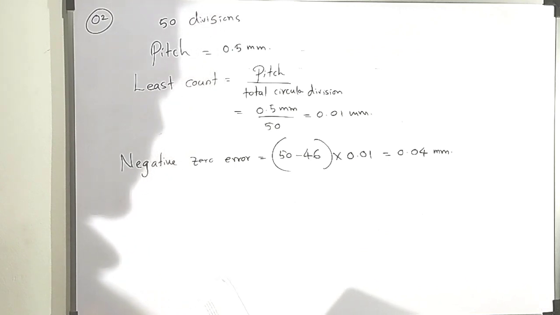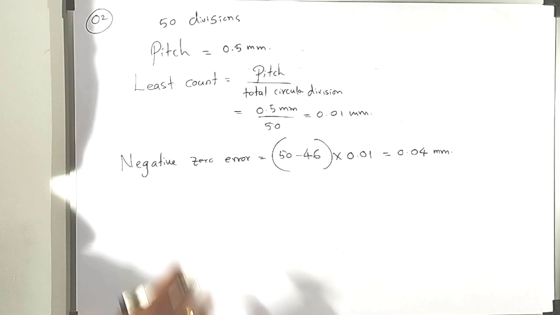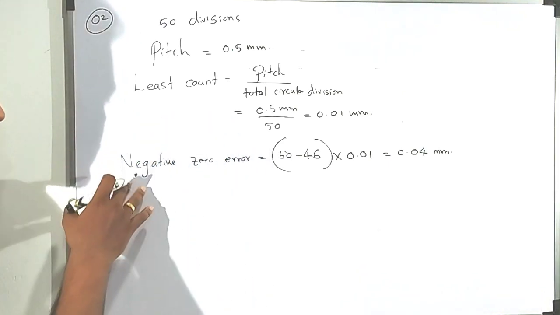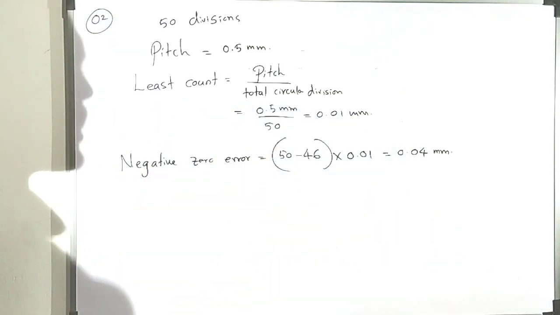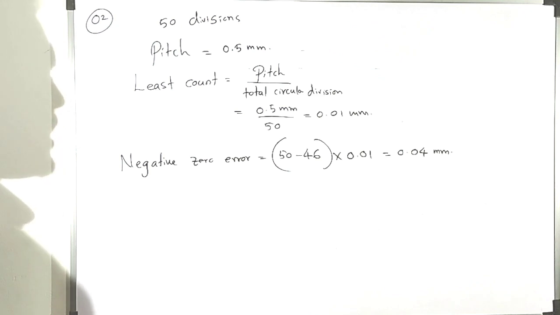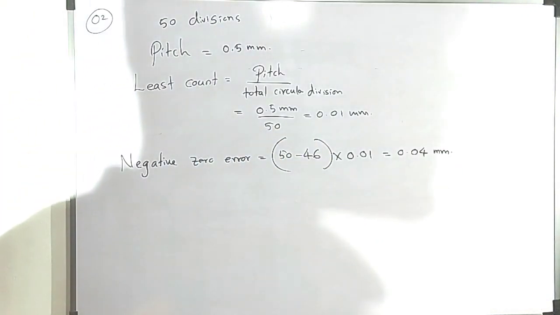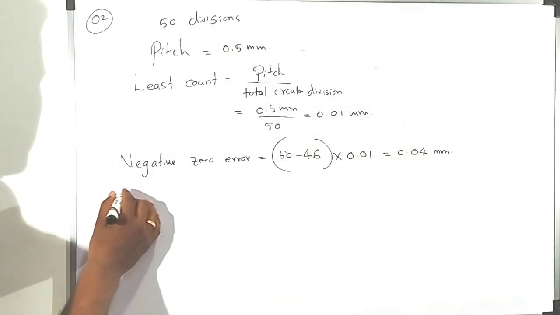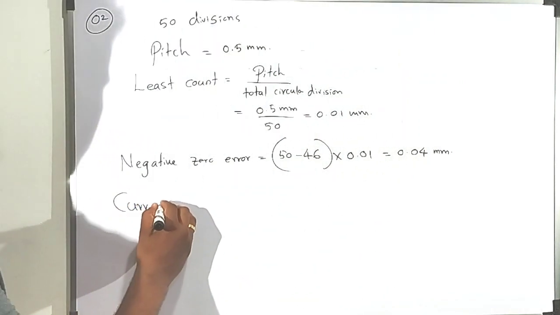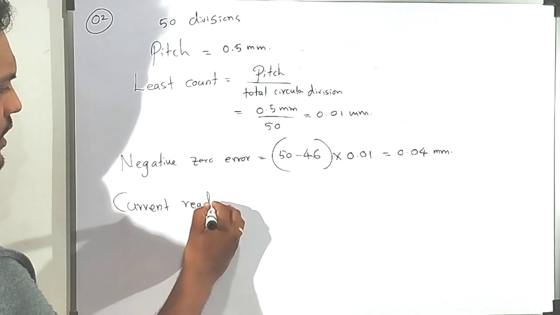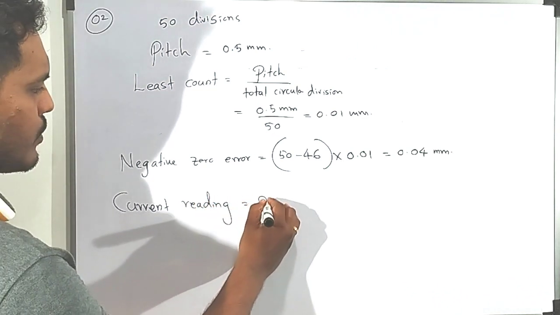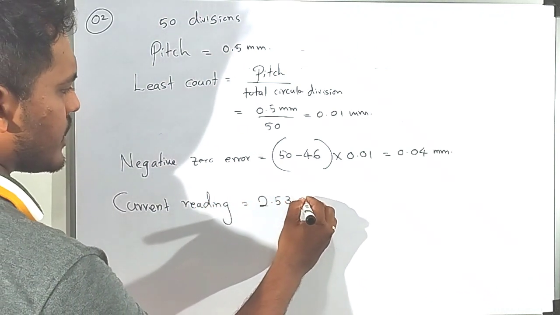If the measured diameter is 2.53 millimeters, you know that if the zero error is negative, then the zero correction will be positive. The error should be added to the current reading. The current reading equals 2.53 millimeters.